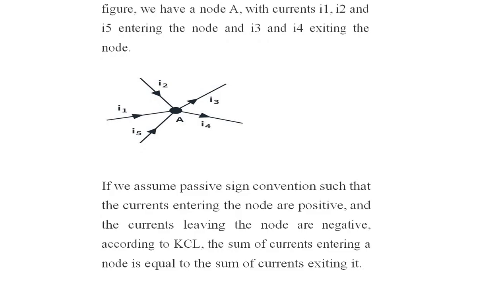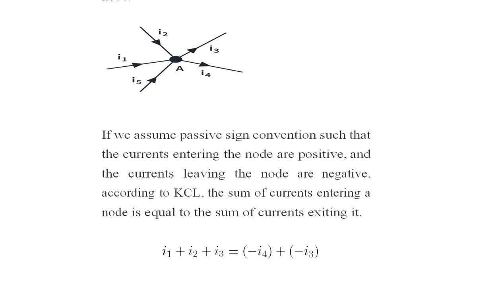If we assume passive sign convention such that the currents entering the node are positive and the currents leaving the node are negative, according to KCL, the sum of currents entering a node is equal to the sum of currents leaving the node.